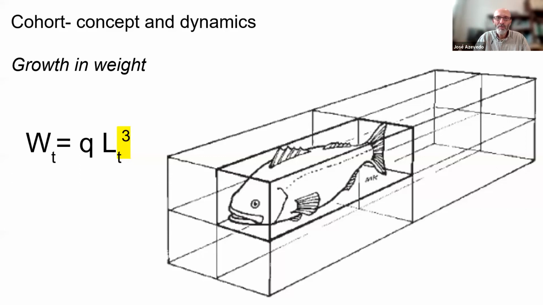So for a volume, you have to multiply the bases times the height times the length, and you get volume expressed in cubic meters or cubic centimeters. And so normally the equations relating weight with length are exponential equations with an index of 3, and they have some sort of coefficient relating the two variables.